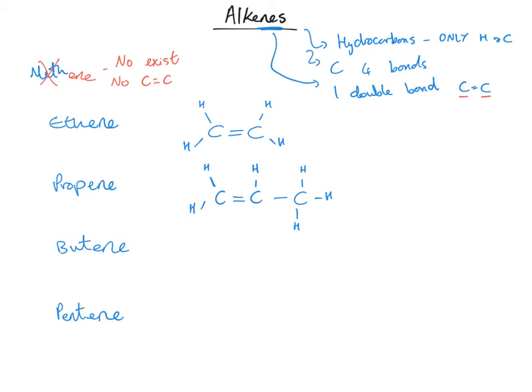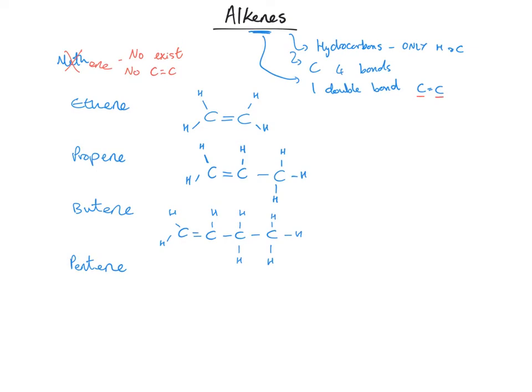Finally, next one, butene. 4 carbons, follow the rules. So 2 hydrogens on that one, 1 on that one, 2 on this one, and 3 around that. And finally, pentene with 5 carbons.